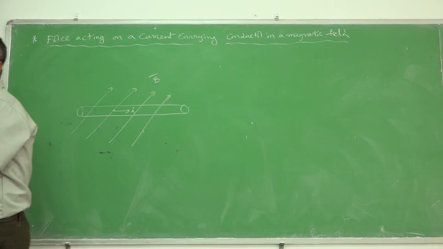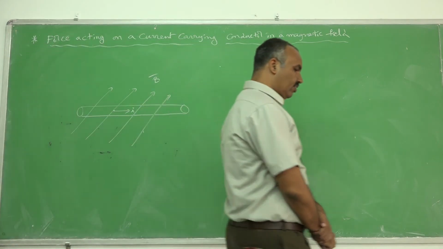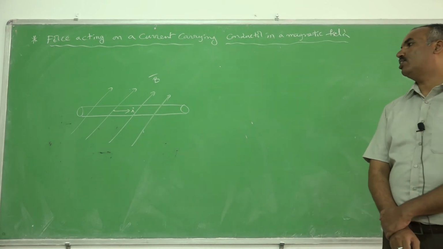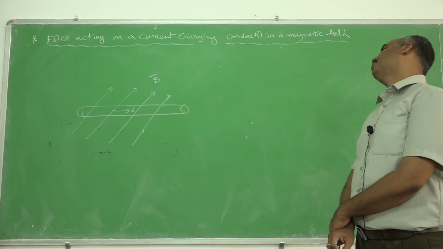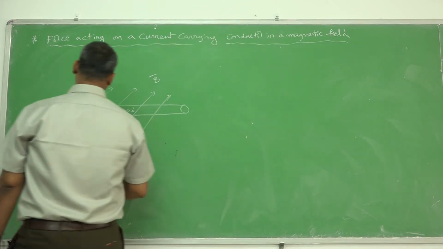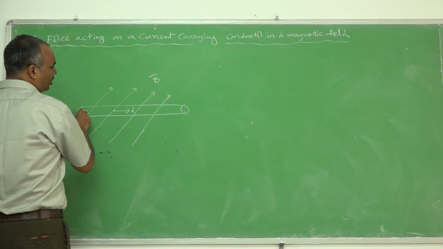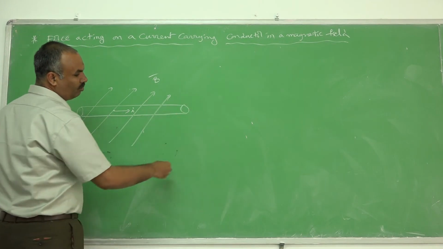Current means conventional current. In current electricity, we have seen that conventional current always moves from battery positive to battery negative. This terminal of the conductor is connected to battery positive, and this terminal is connected to battery negative.